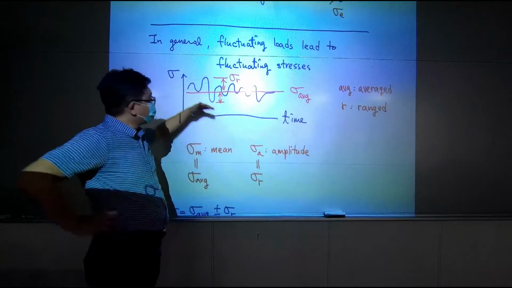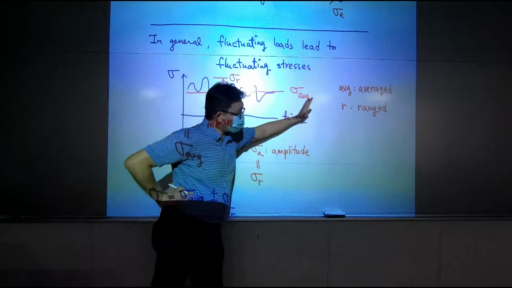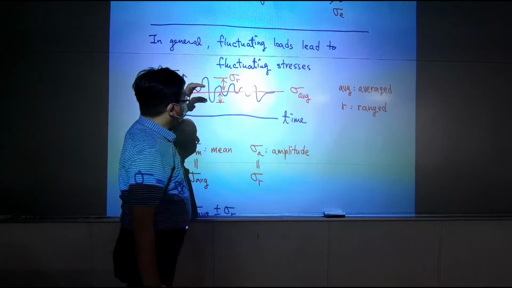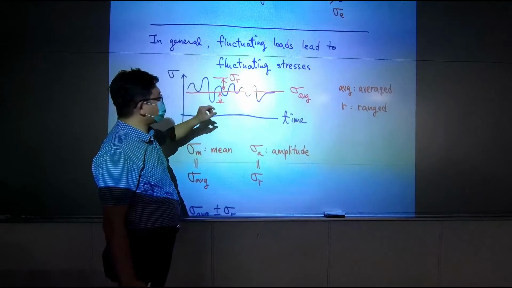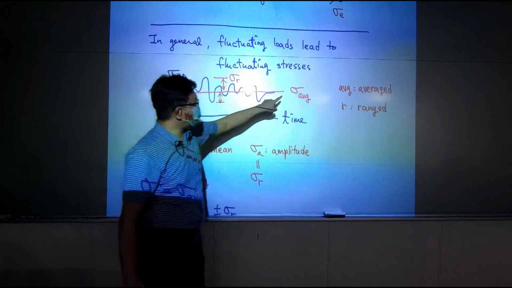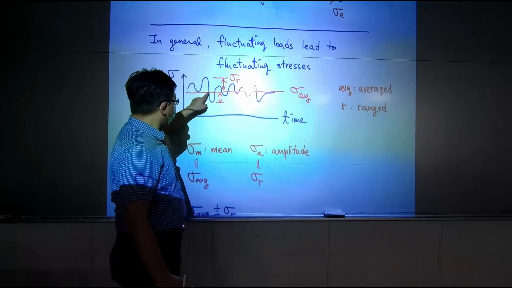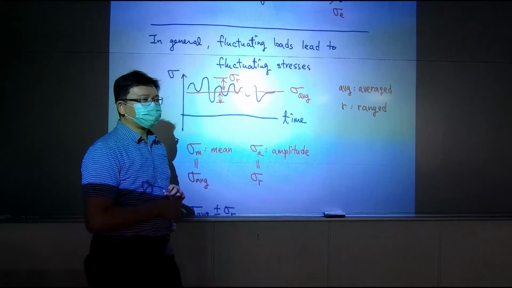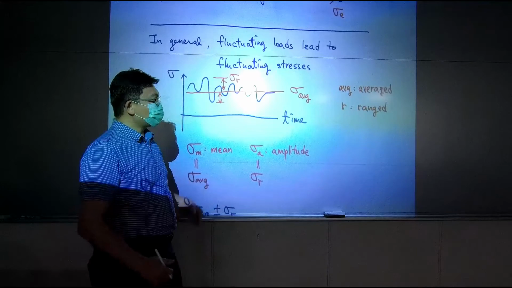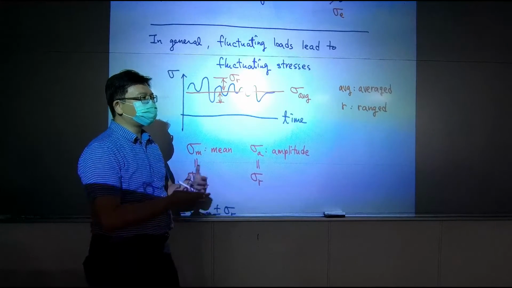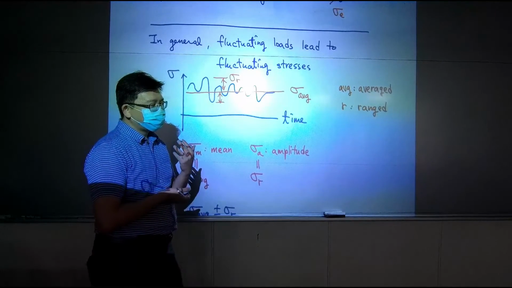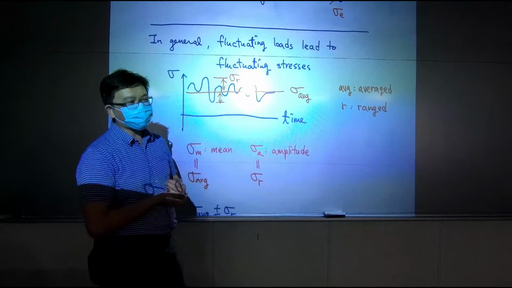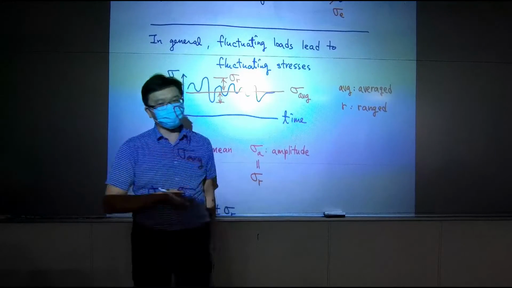So sometimes, along this entire period of time, this material only carries stress of sigma AVG at certain points. It's not carrying sigma AVG all the time. So Goodman would like to give a greater design limit for sigma AVG.